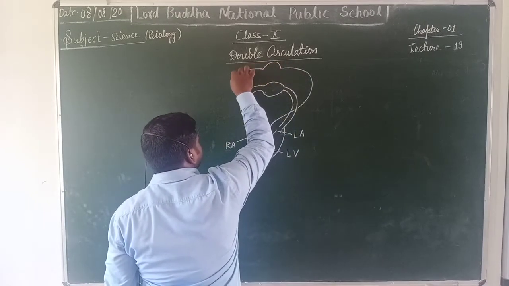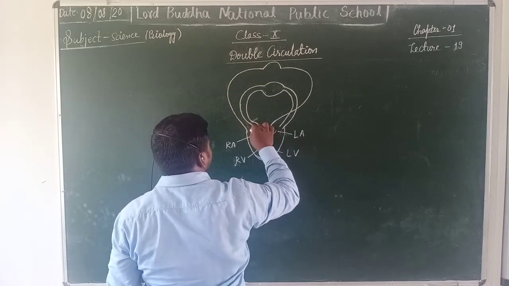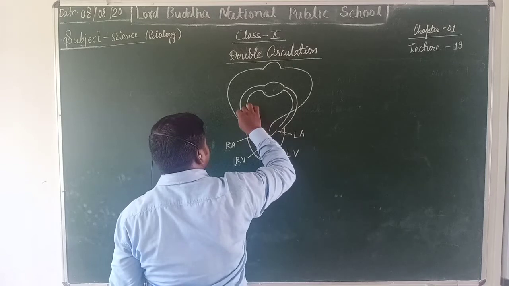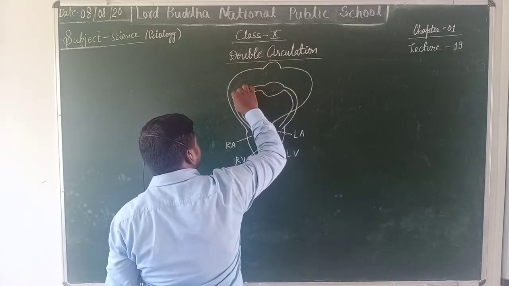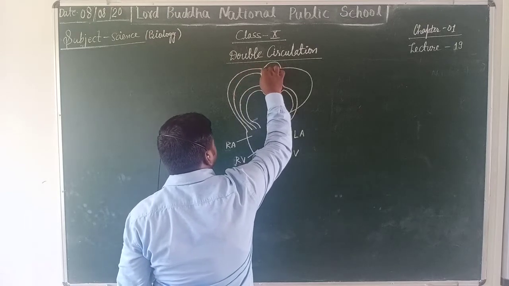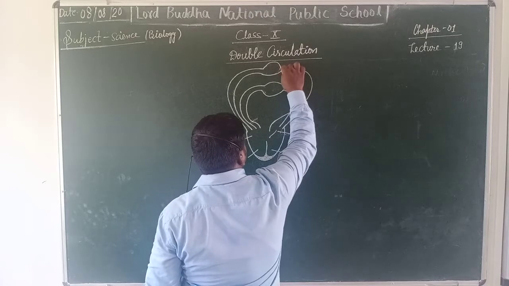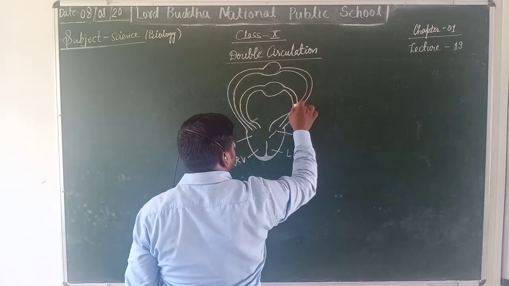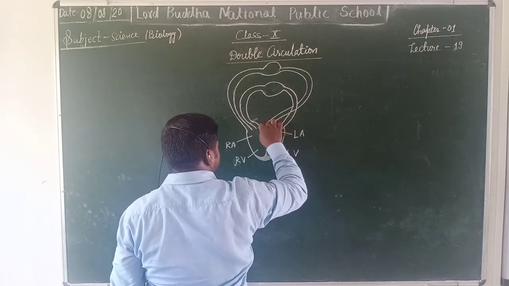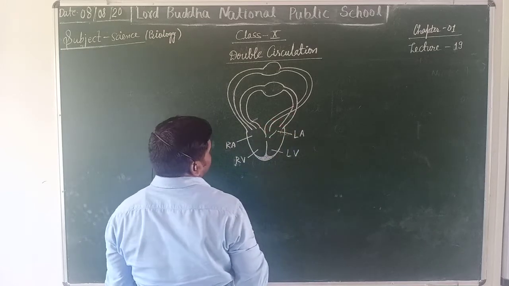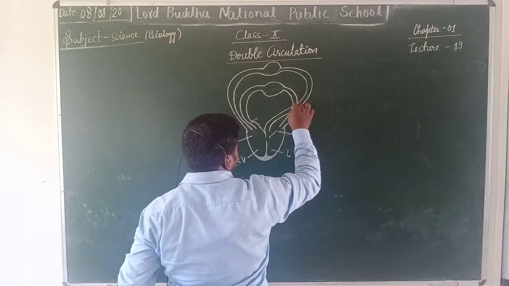This is the portion of the body above, you can say the thoracic region, and here I take the network of capillaries so that the comparative study can be easy to understand.